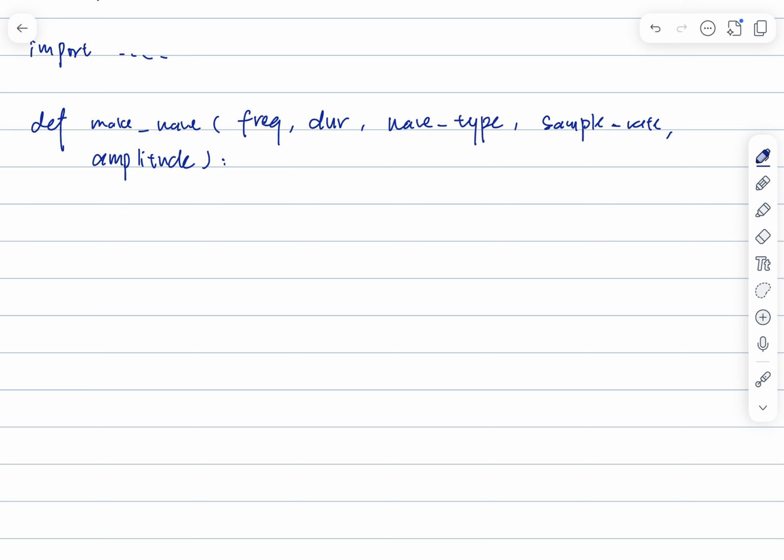Okay, once we have that, we're going to need something called phase. This determines where our sine wave, or any wave, is. It's going to be 2 times pi, times frequency, times t. If you calculate this, frequency is equal to 1 over the period, and omega over 2 pi.